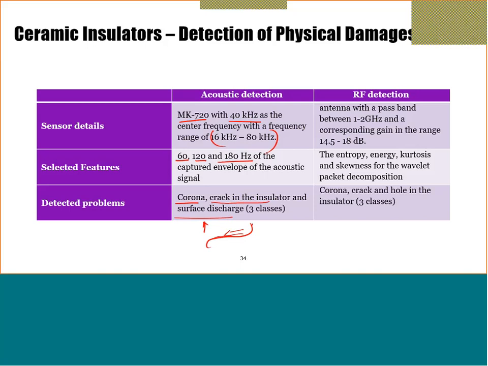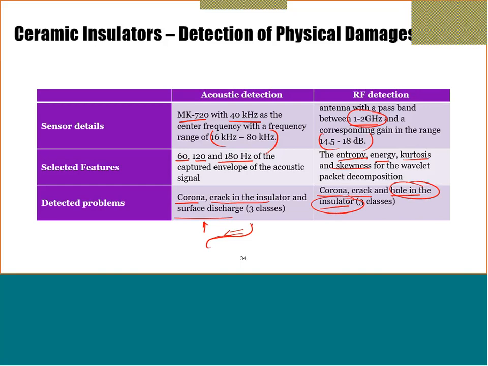On the other hand, the antenna has a bandwidth between 1 to 2 gigahertz. This is the pass band, and it has a certain gain, 14 to 18 dB. We use the entropy, energy, kurtosis, and skewness of the wavelet packet, as I mentioned before. And here we detect corona, cracks, and holes in the insulator. In the ultrasonic, we do not try to solve this problem.